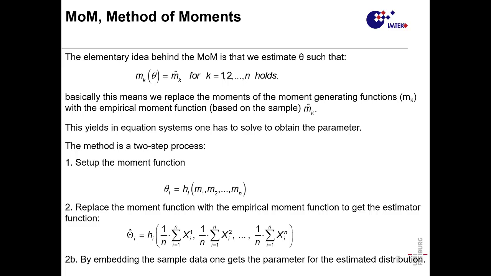So we have to find first the moment generating function that will describe or map this moment to the parameters that we want to find. At the end, theta is what we want to find. Theta could be mean, variance, skewness, whatever parameter you want to find, right? So we need to find this function.